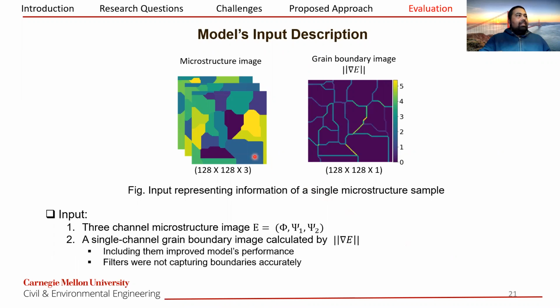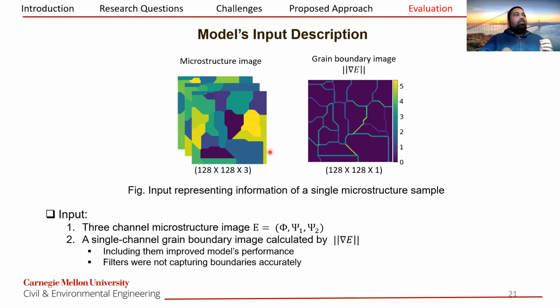because when we started testing our model with this, the accuracy was a little low. The reason was that the model was not capturing the grain boundary details. It was just capturing the grains, and it was not properly capturing these grain boundaries. It was missing many of them. So we had to externally provide the information to it.